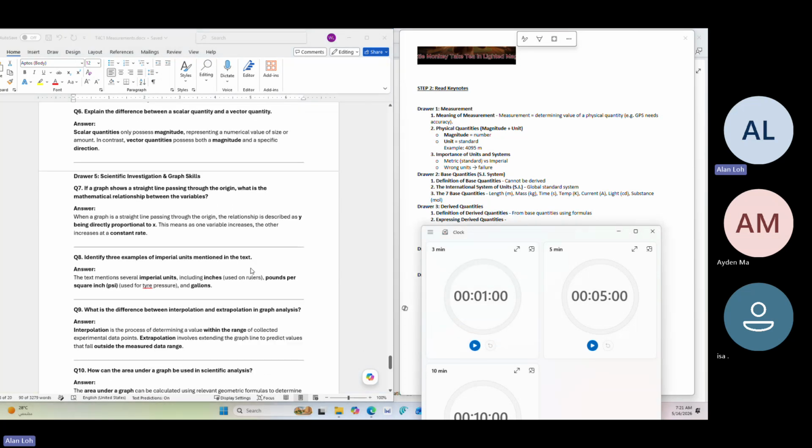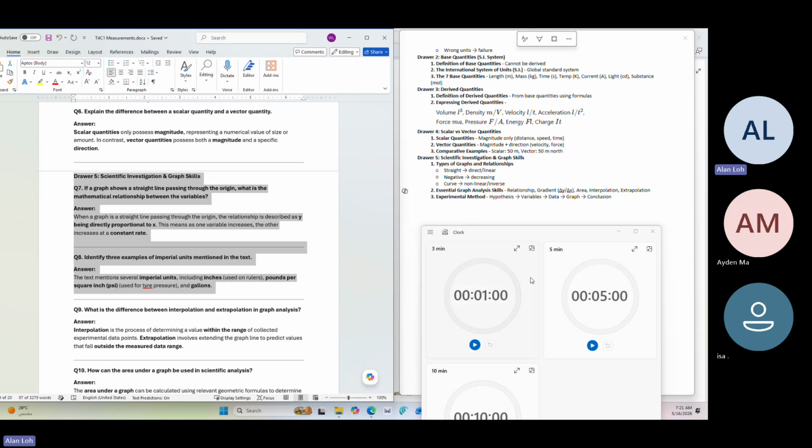Now let's move on to 7 and 8. Same drill for drawer 5. Oh, let's scroll down here.